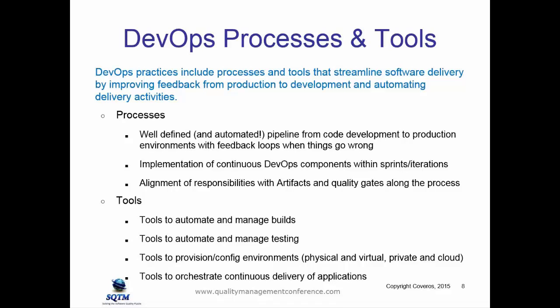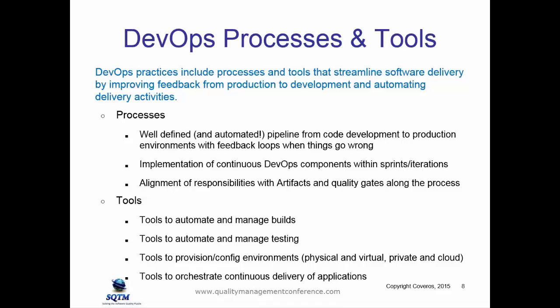And what that really is, is just the movement of your application from the developer's desktop, where it's being developed and built, through a testing process and into production, where it's maintained and supported for use by customers. So that process, that pipeline, if you will, and all the feedback loops that happen when something in that process goes wrong, is a critical DevOps process that you have to get right.